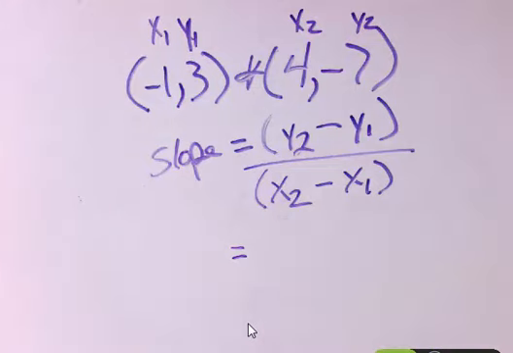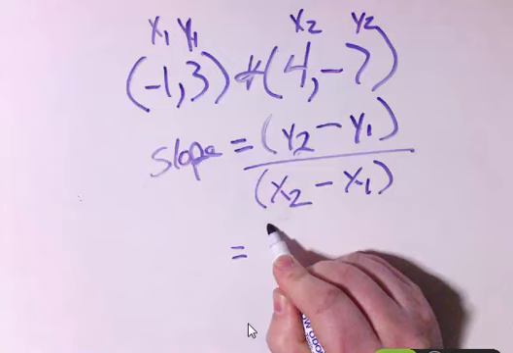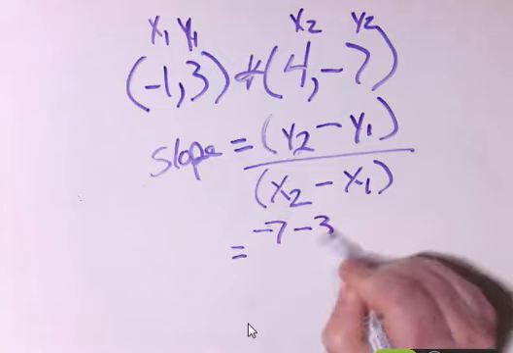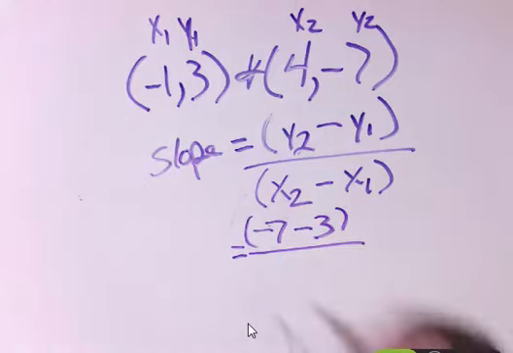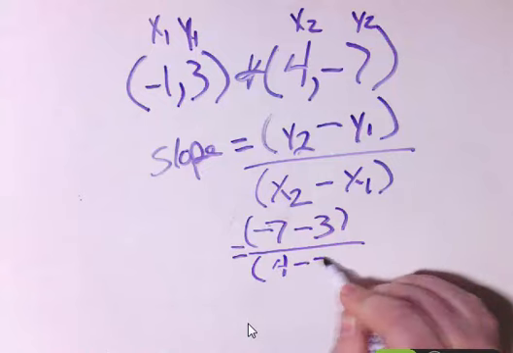So we're going to get the slope is equal to -7 minus 3 all over 4 minus a -1.